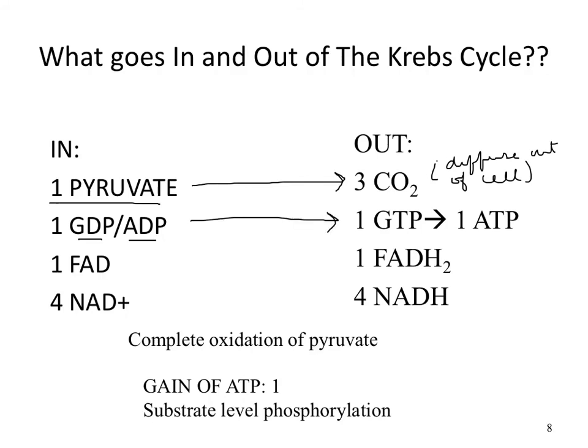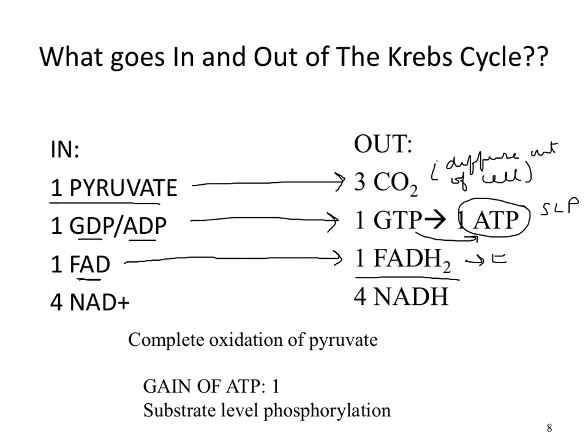One GTP came out, which was immediately used to make one ATP by substrate level phosphorylation. One flavin adenine dinucleotide in the oxidized form, shown here, went in, and one FADH2, the reduced form, came out. That's going off to the electron transport chain.